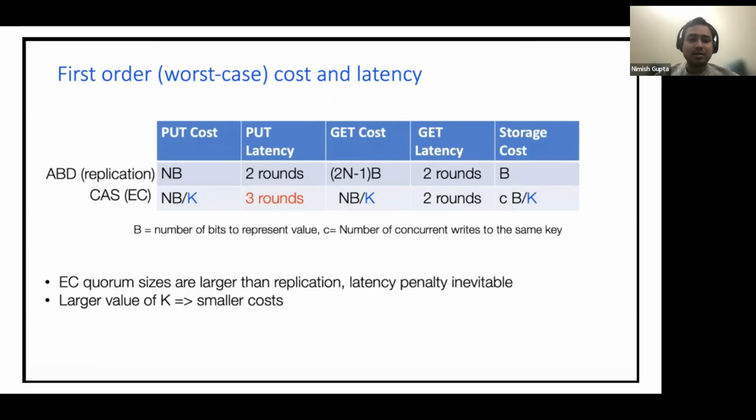As the size of K increases, the requirement for quorum size increases as well. So there's bound to be a latency penalty. And one small difference is in the get round. When writing back data in the get round, ABD writes the full data back, whereas CAS is just writing the metadata. So it's a smaller overhead on the network.